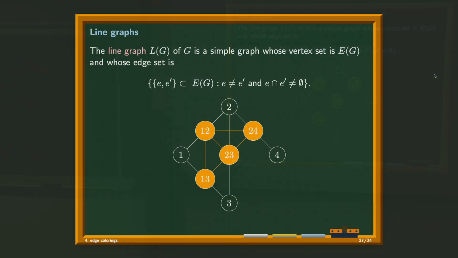Similarly, 1,2 and 2,4 have the common vertex 2, so these two vertices have an edge. But 2,4 and 1,3 do not have an edge because 2,4 and 1,3 do not have a common vertex.